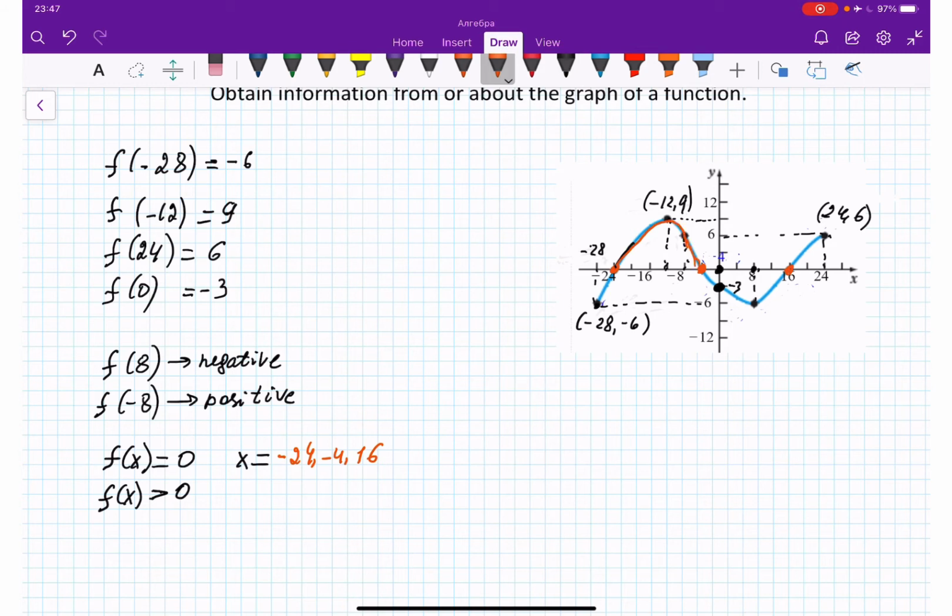So that makes negative 24 and negative 4, right?